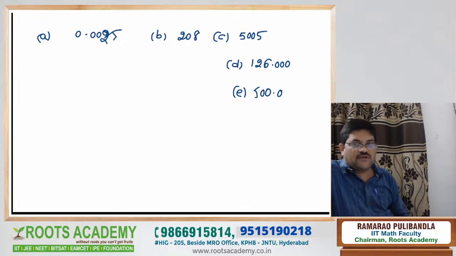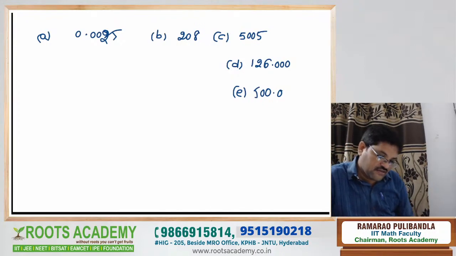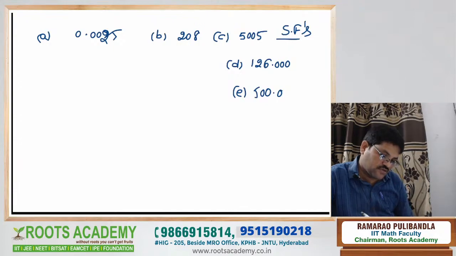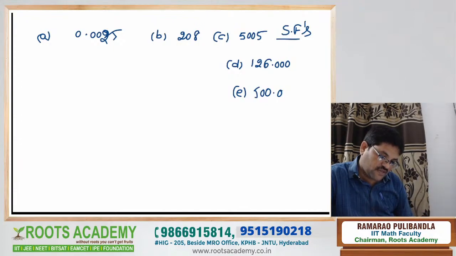Now see the concept carefully here. We discuss how many significant figures are available in each option. In the first option, 0.0025, before the decimal point there is the 0 integer, so two significant figures are present.